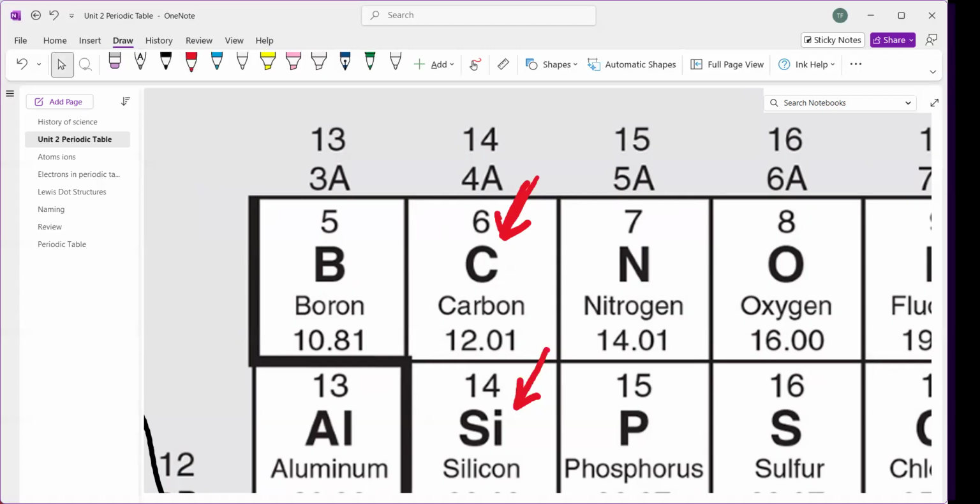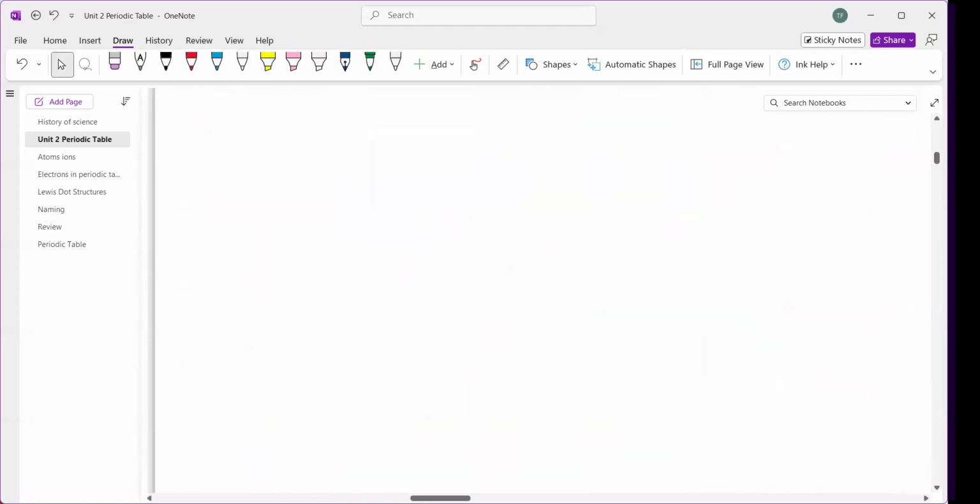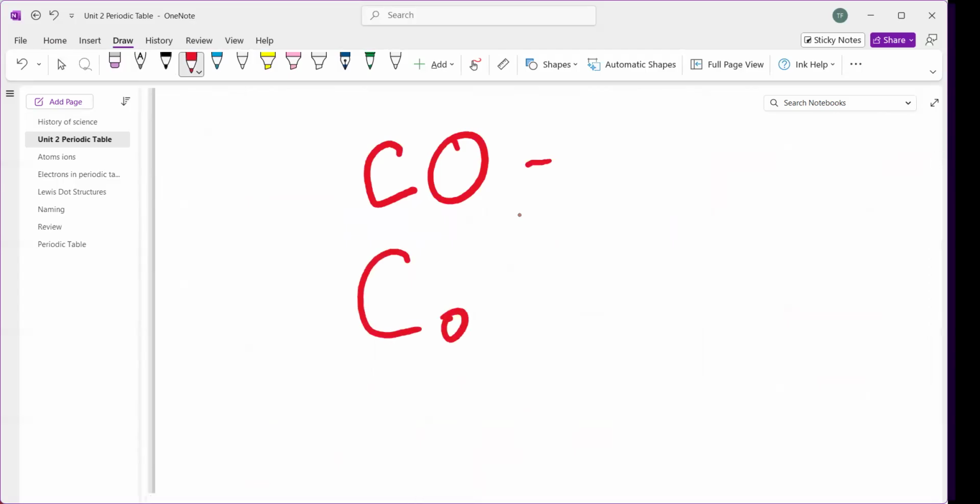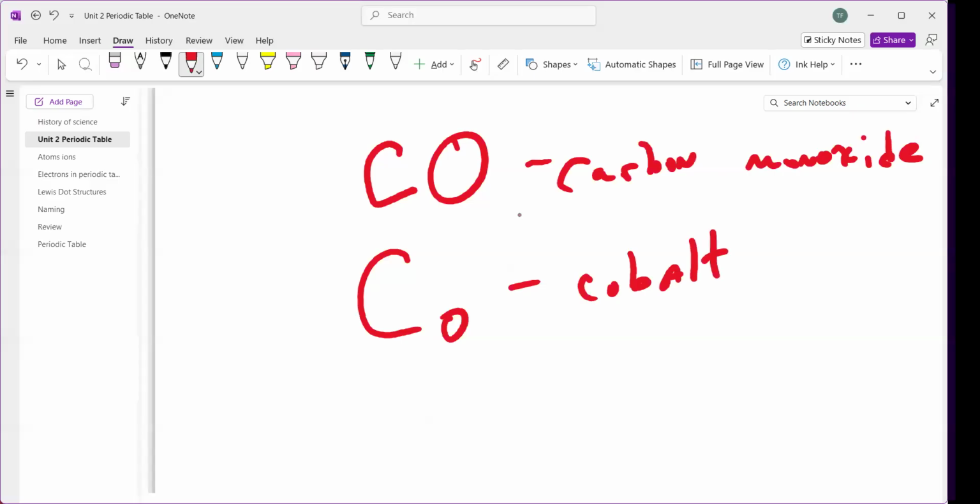Let me show you why that has to be. Okay, this is carbon monoxide. This is cobalt. Entirely different substances. So make sure when you're writing these symbols, your second letter is lowercase.